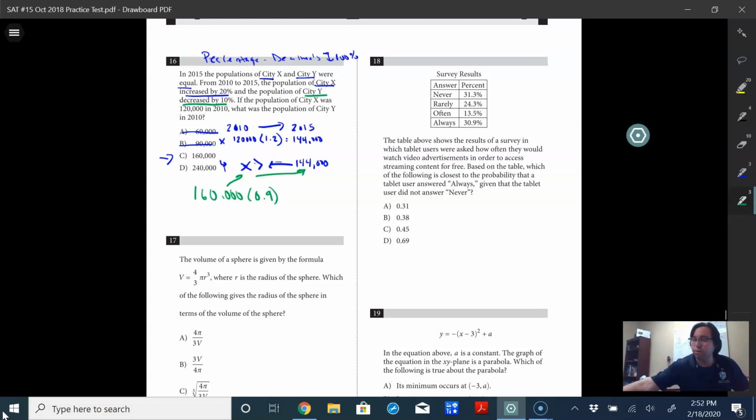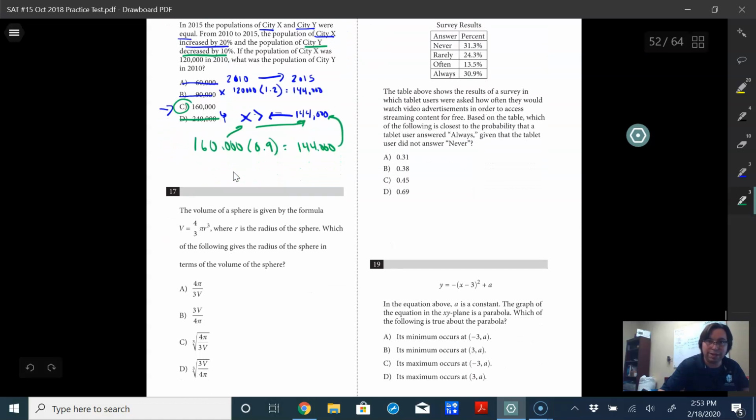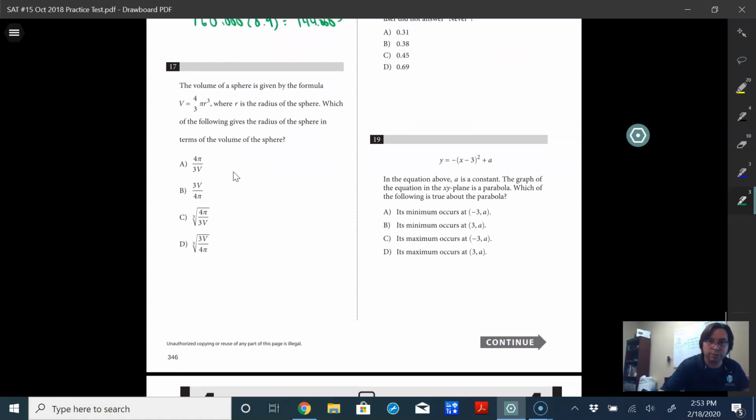If you do that math on our calculators, 160,000 times 0.9 gives me 144,000, which matches what I have here. Therefore, C is correct and D is wrong. Again, that one's a little tricky, and you may have to draw it out like I did, just to help keep things straight.